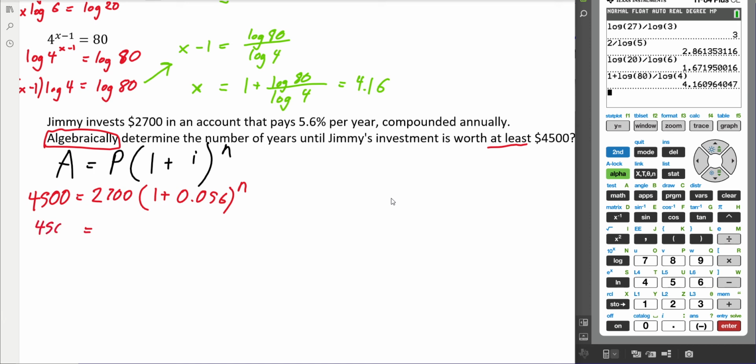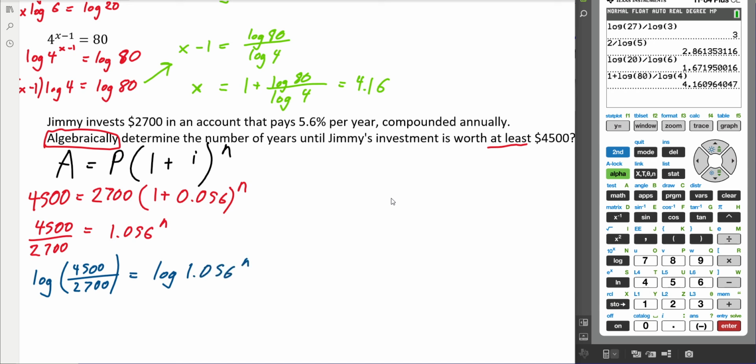So 4,500 divided by 2,700 equals 1.056 to the n. All right, so now at this point what we can do is take the log of both sides. So log of 4,500 divided by 2,700 equals the log of 1.056 to the n.